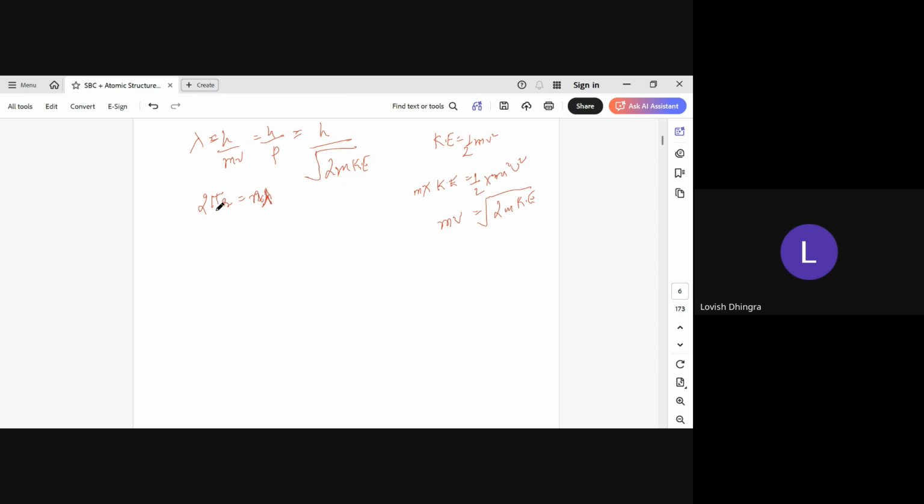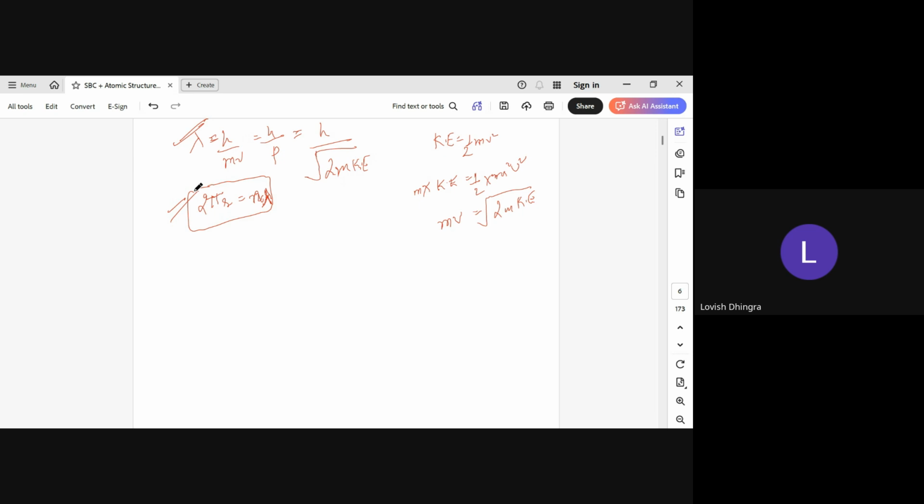So 2 pi r is equal to n lambda. Very important relation. Here r is the radius of that particular orbit, n is the number of the orbit, which can be 1, 2, 3, 4 and so on, and lambda is the wavelength.